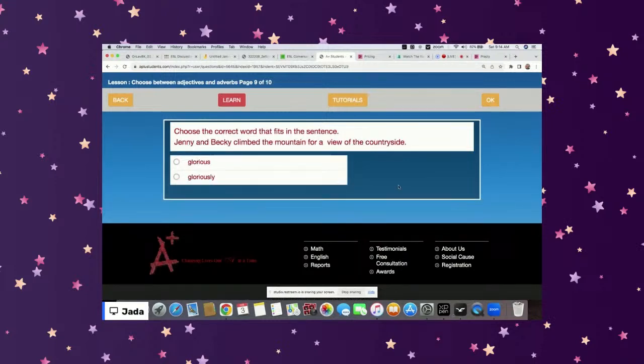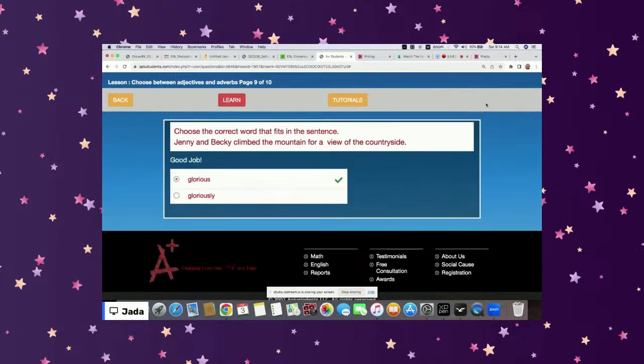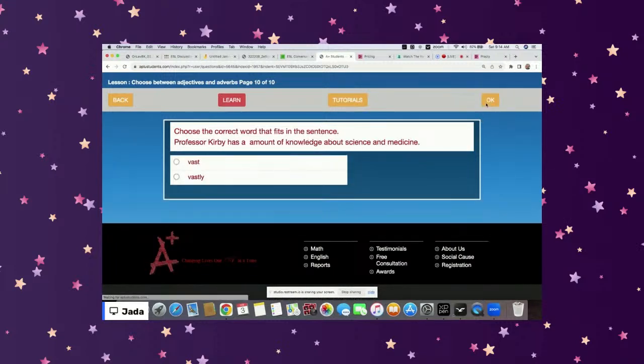Jenny and Becky climbed the mountain for a glorious. We did this in the tutorials. So Professor Kiwi has dash amount of knowledge, but about science and medicine. So vastly or vast. So has a vast amount of knowledge.